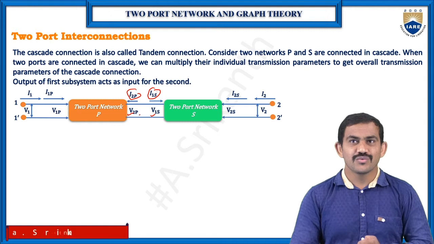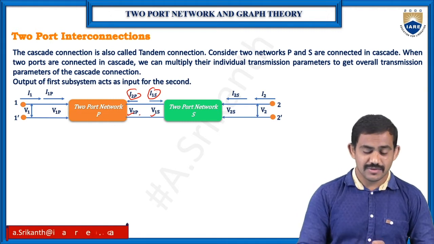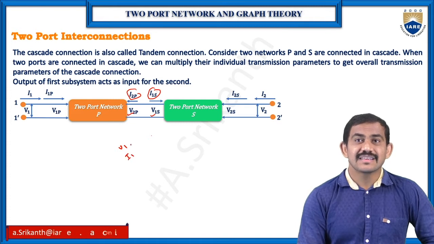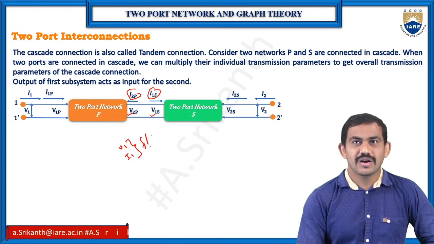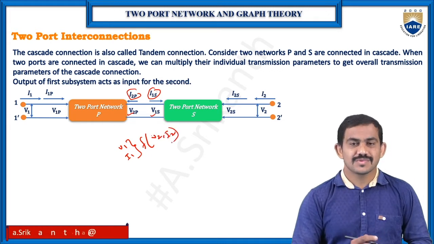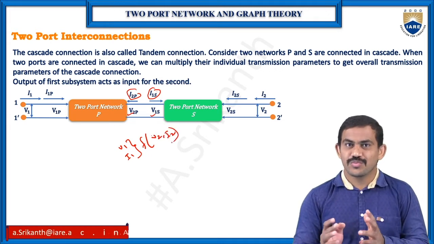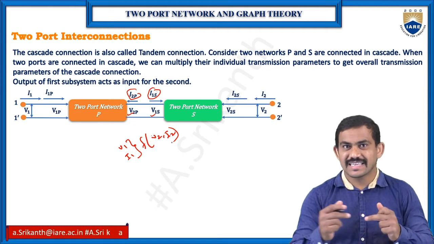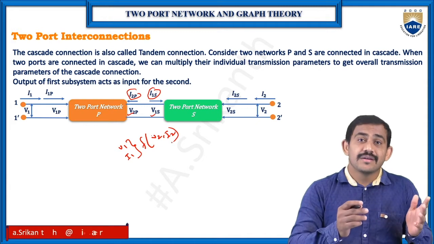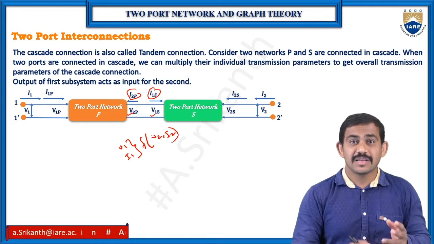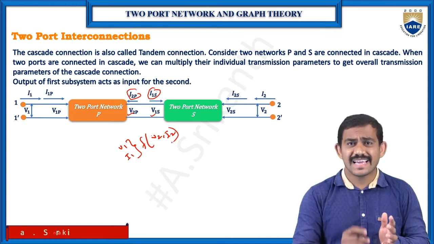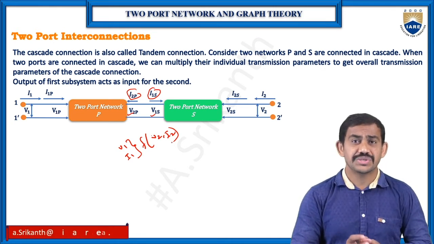So here we need to use ABCD parameters. ABCD parameters means V1 and I1 in form of V2 and I2. So two-port networks connected in one line, that means cascade connection, then we need to go for the transmission line parameters. The parameters give primary values, that means V1 and I1, in form of secondary values, V2 and I2.